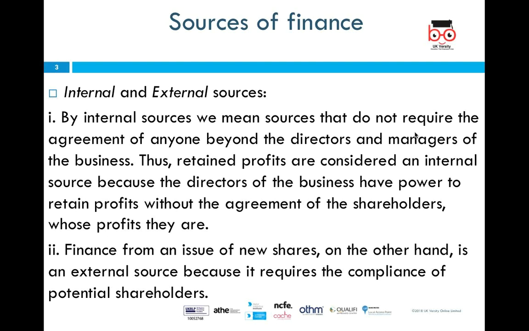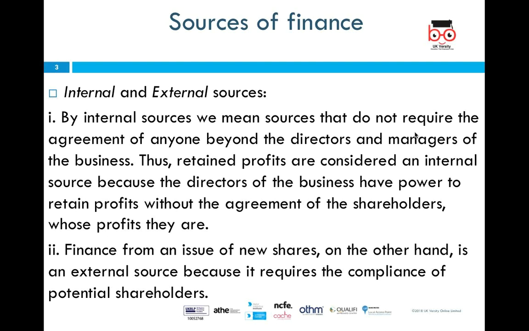But today we are going to discuss some different sources of finance. First of all, we need to know about internal sources and external sources of finance. That's the basic of financing. By internal sources, we mean sources that do not require the agreement of anyone beyond the directors and the managers of the business.